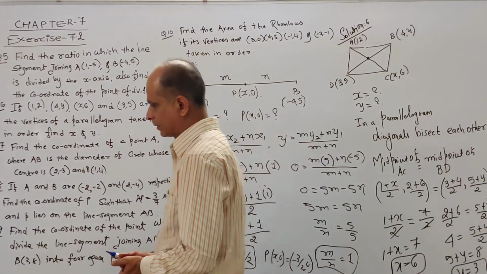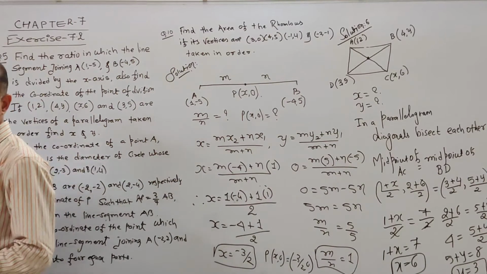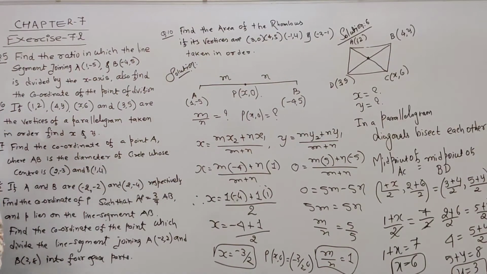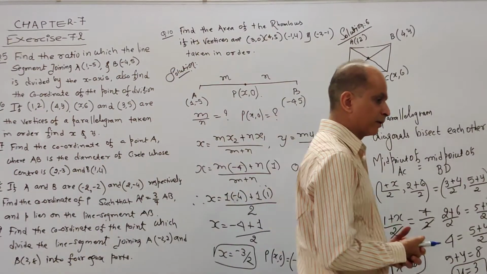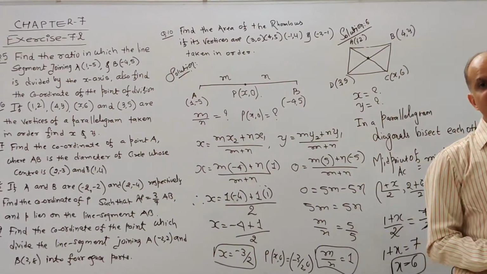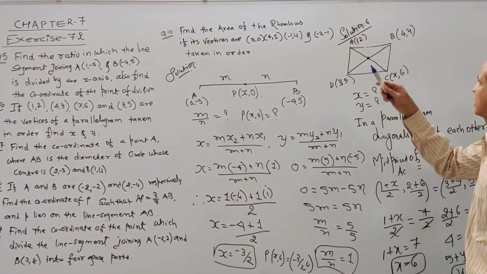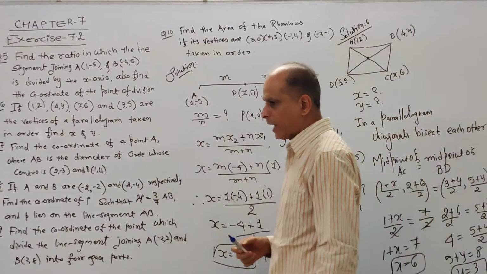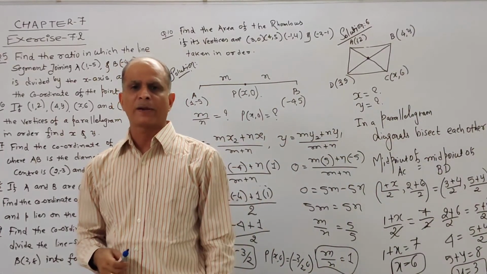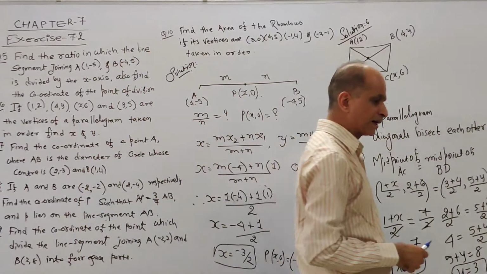So this is about question number 2. A parallelogram is given to you. The 4 vertices are given, but in the 4 vertices, 2 unknown values are there, x as well as y, and your aim is to find the value of x and y. How to find x and y?